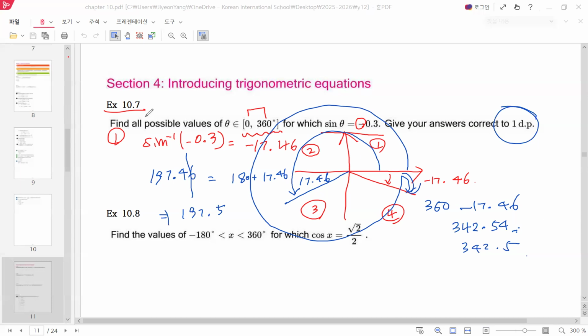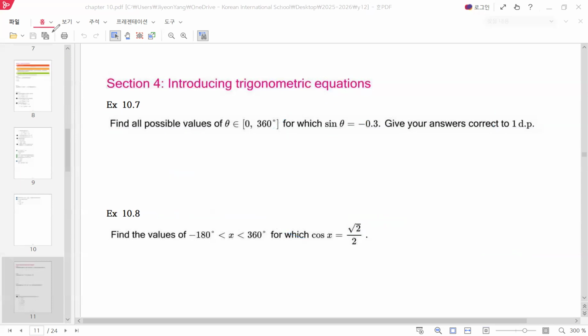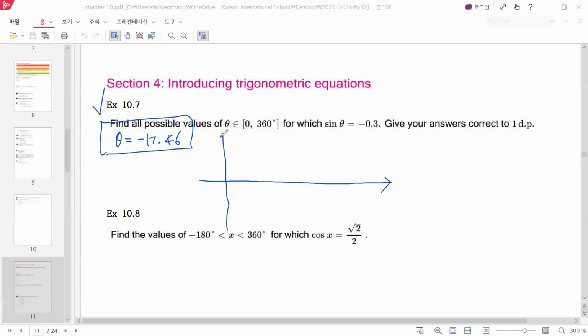The second method, students, is, firstly, of course, you need to calculate theta as negative 17.46. You need to find this one first. And then please draw a graph of sine by using your calculator from 0 to 360, which is 1 period. Here 180, here 360.